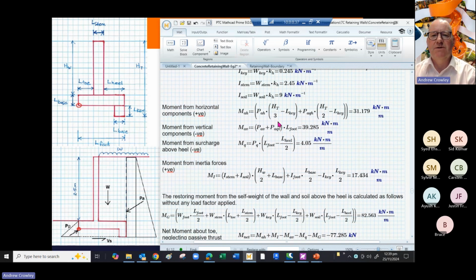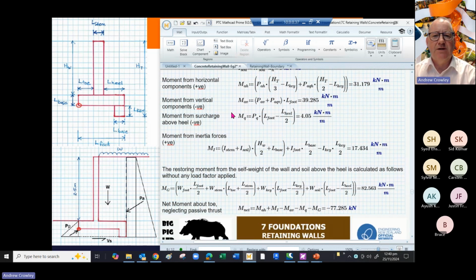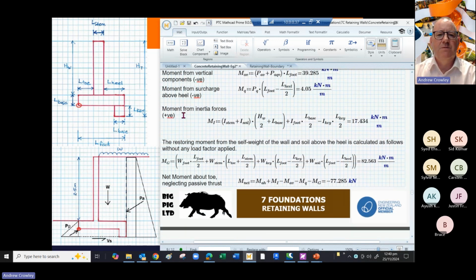You take your horizontal values and multiply by the lever arms, and you get out 31.179 kilonewton meters per meter. The moment from the vertical components works out as 39, and the moment from the surcharge above the heel works out as 4.05 kilonewton meters. So the total moment from inertial forces works out as 17.4.